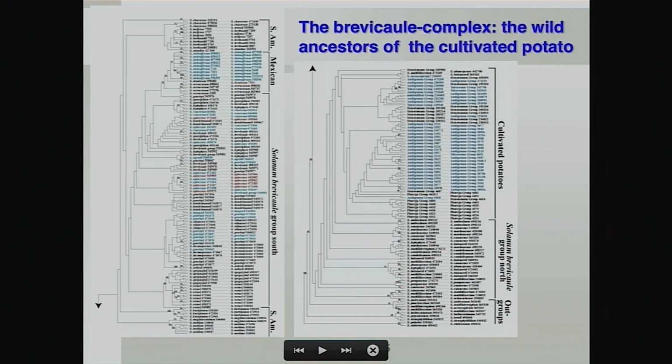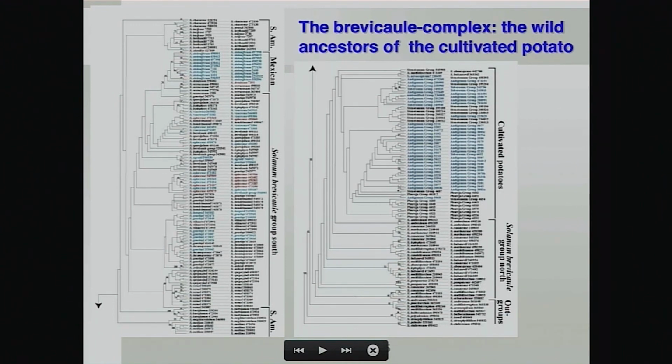In the case of cultivated potatoes, previous studies were using AFLPs, and as you can see here, there is no resolution. The clades are not well supported, even with AFLPs.